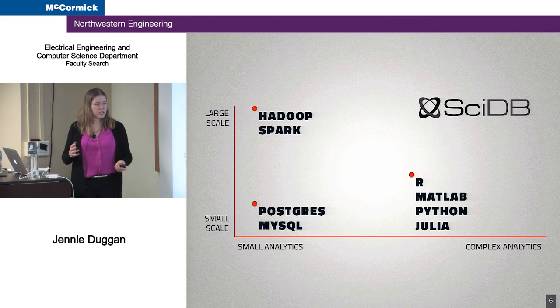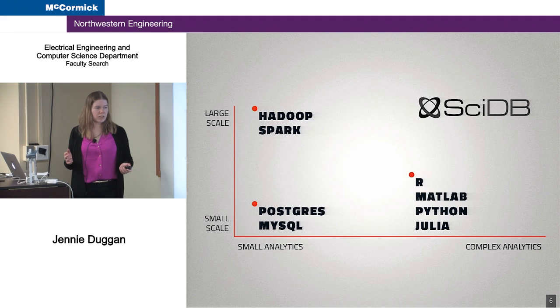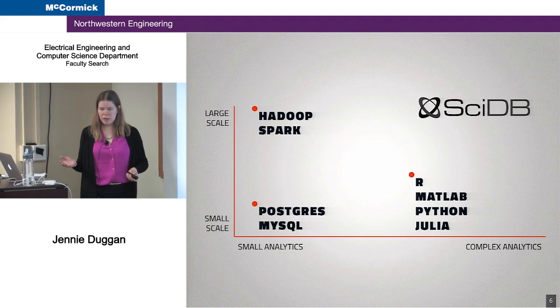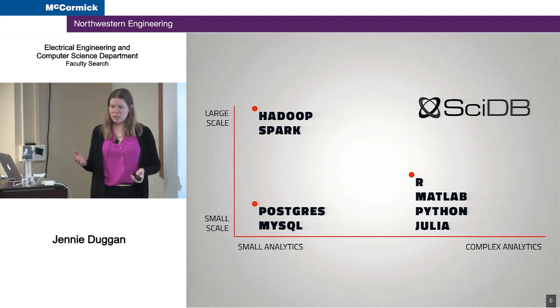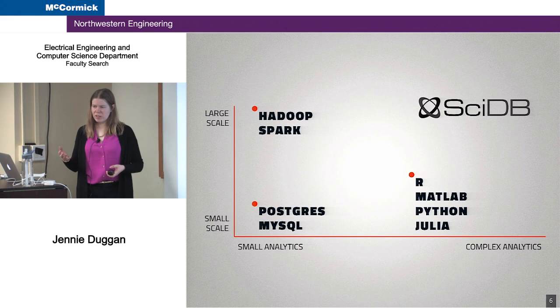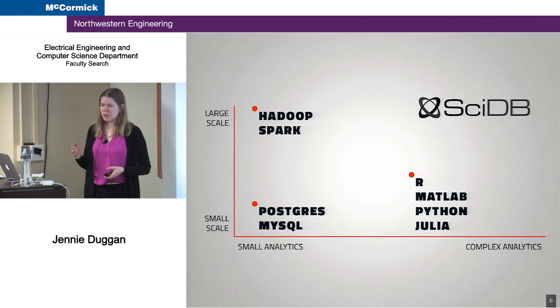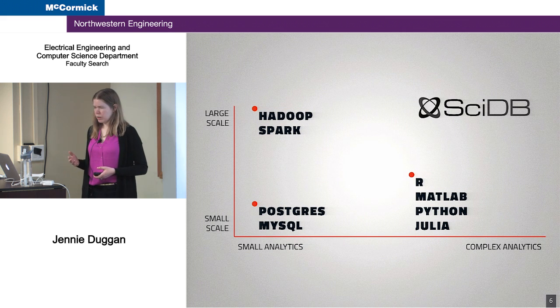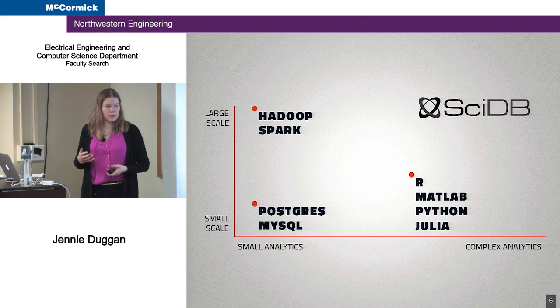And for complex analytics, the most commonly used tools are R or MATLAB. These are good because they have off-the-shelf implementations of things like matrix multiplication or statistical algorithms. But on the other hand, they're designed with the idea that the data will fit in memory, and that's just not holding true anymore. It's growing too quickly. But they are geared for this iterative access of the data, as in the linear algebra case.